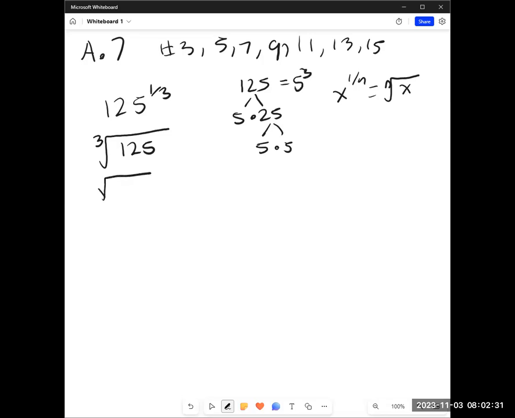So the cube root of 5 cubed is 5, because the nth root of x to the n is always x, assuming that x is a positive number here, which we are assuming.